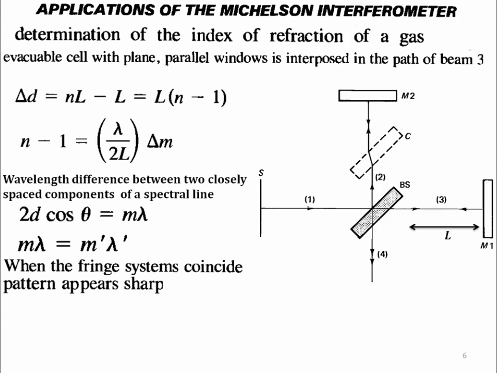And then when we move d further, what may happen is that the maxima corresponding to one wavelength may lie exactly midway between the maxima of the other wavelength. What we can say is the maxima of lambda will lie on the minima of lambda dash, something like this.